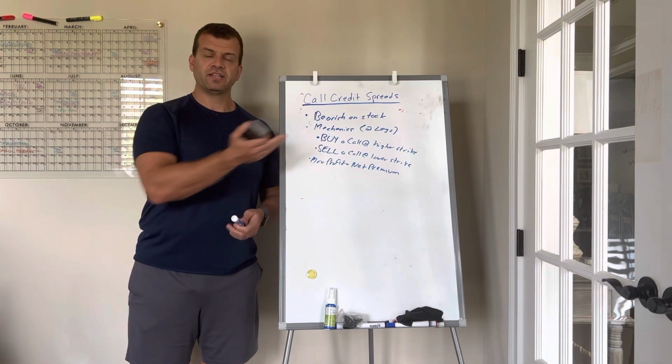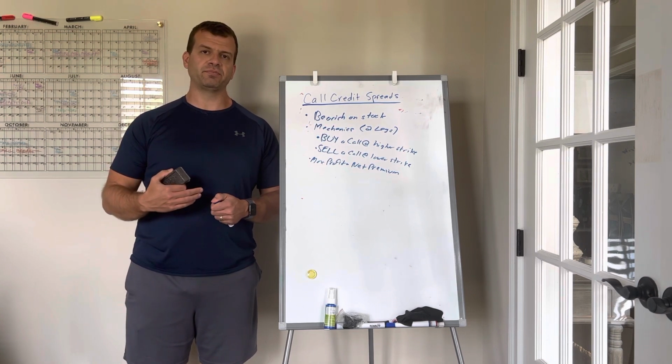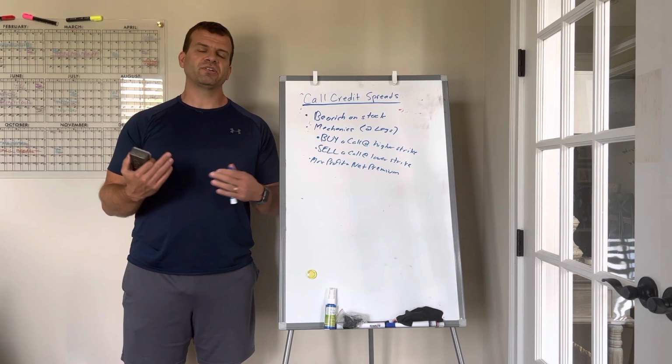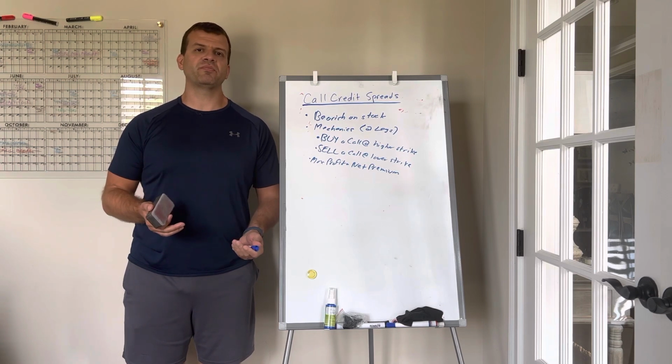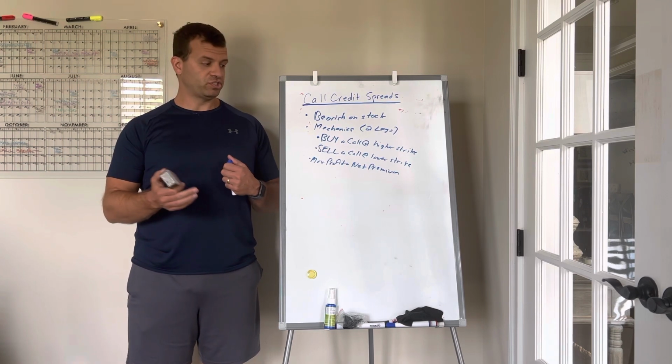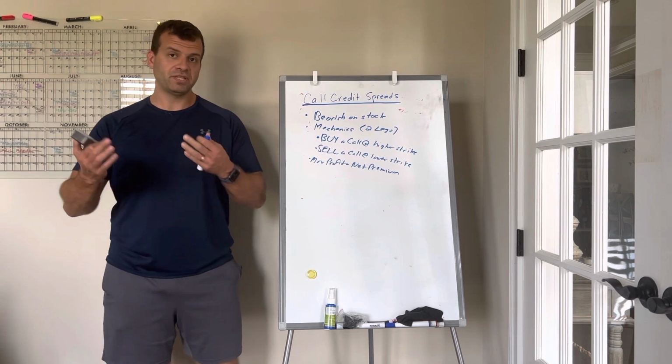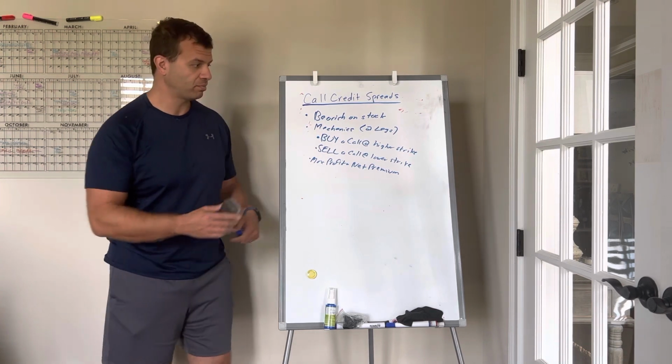You're buying an option and you're selling an option at the same time. Because there are different strike prices, the net of that is you will receive a small premium. That is your max profit. So what you want is you want this to expire worthless because that means you will collect the max profit.